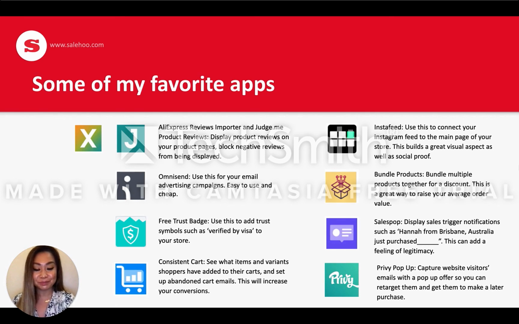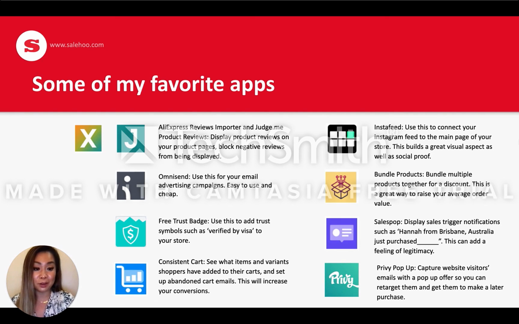And then InstaFeed. So you can use this app to connect your Instagram feed to your store. So you can have a visual block of all your Instagram posts on your store as well. So if you have some really cool posts from your Instagram and you have a really visually appealing Instagram account, it's a good idea to link that to your store.